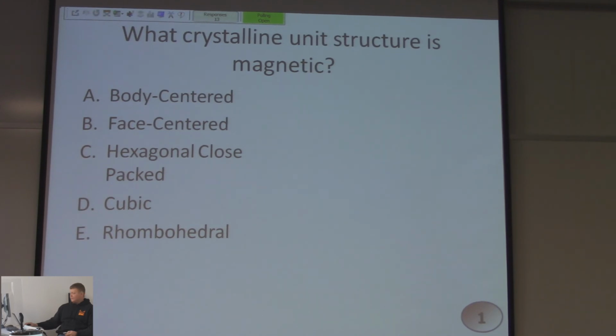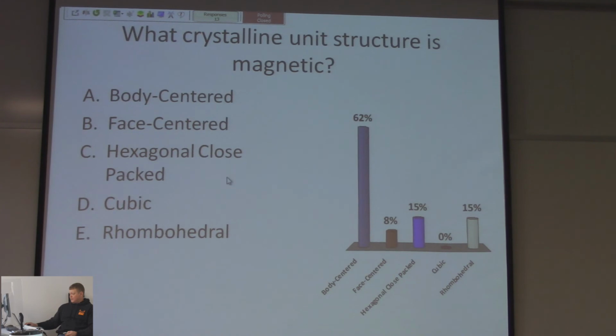Hint. Body-centered is magnetic. When transformed to face-centered, it is non-magnetic, right? And I just threw the other ones in, and I didn't even look to see if they were magnetic or not, so I don't know if they are. So you're 15 and you're 15, maybe you're right. We'll have to look it up. This is definitely not, though. Body-centered is magnetic, goes to face-centered, becomes non-magnetic.